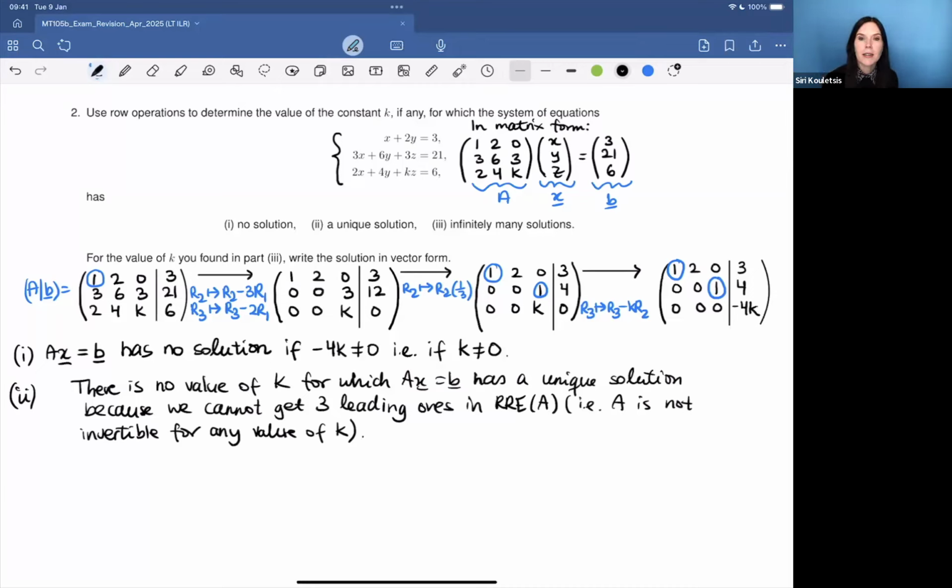And then finally, is there a value of k for which the system has infinitely many solutions? Well, the question already gives it away that yes, that is possible, and we are going to write out that solution in vector form. But what would the value of k be then? Well, we need to have a row of zeros at the bottom so that we're not in situation 1 here, where we had an inconsistent system.